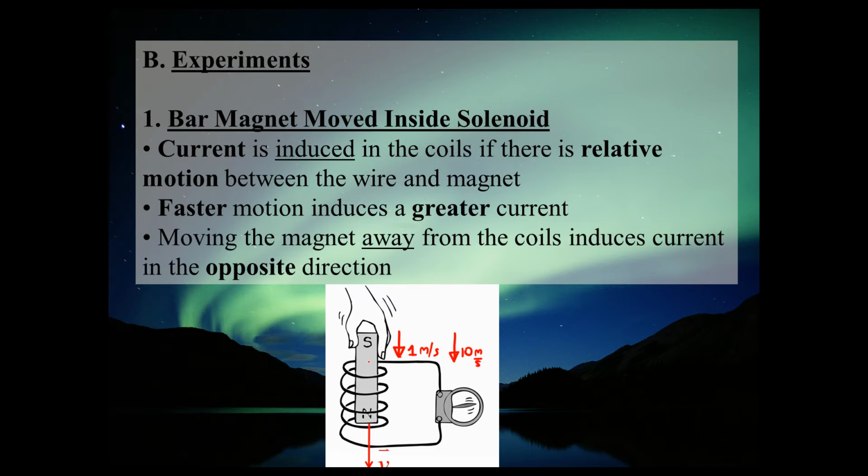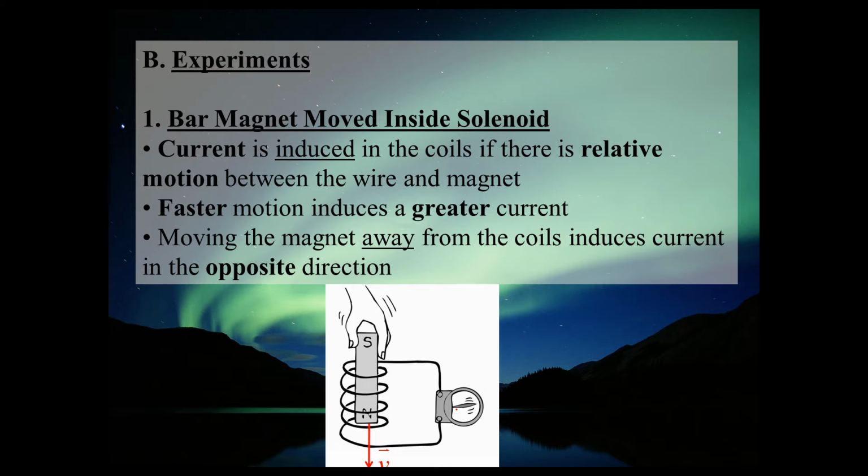The third observation is that if you move the magnet in the opposite direction, you induce current in a different direction. So for example, let's say that you moved the bar magnet straight down into the solenoid, and perhaps this caused current to be induced in a direction here.